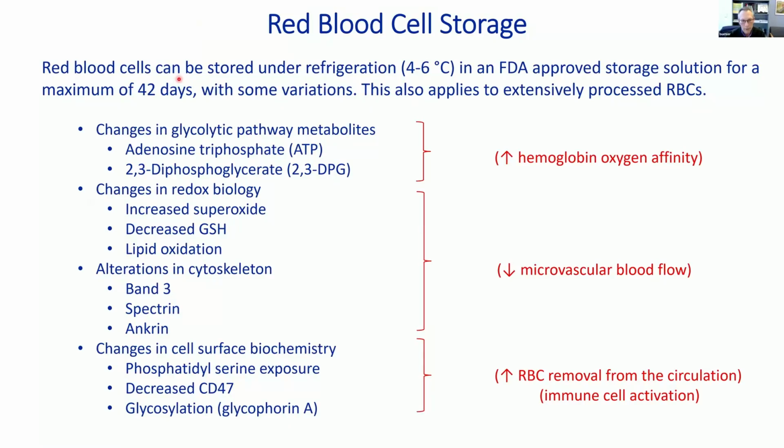Red cells are life-saving therapeutics. Blood banks keep them and use a lot of them within hospitals, and now they use them even in transport to hospitals as whole blood in some circumstances. But red cells can be stored under refrigeration, according to FDA, for 42 days.